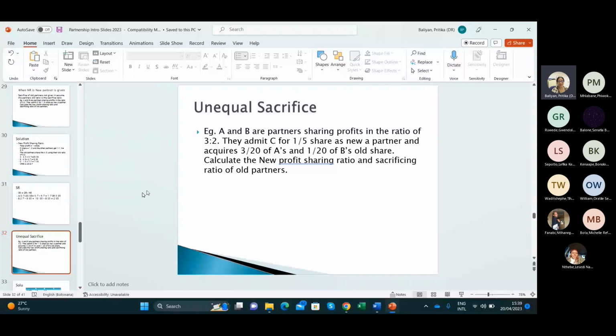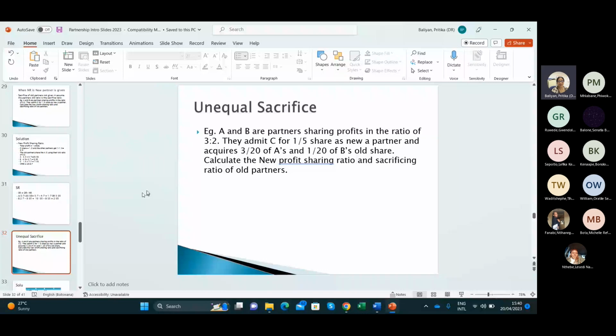They admit C for a 1/5 share in profit as a new partner, who acquires 3/20 from A and 1/20 from B. So partner C was given a 1/5 share, acquired from A as 3/20 and from B 1/20.